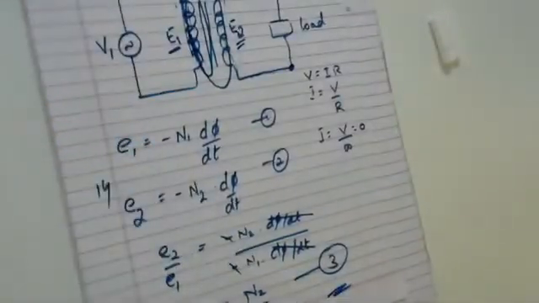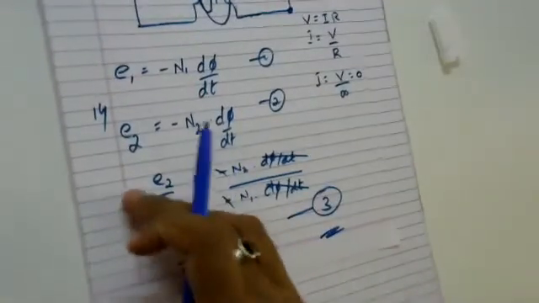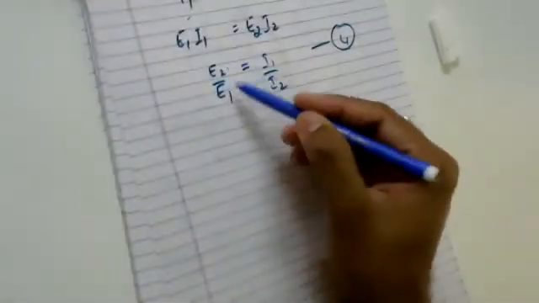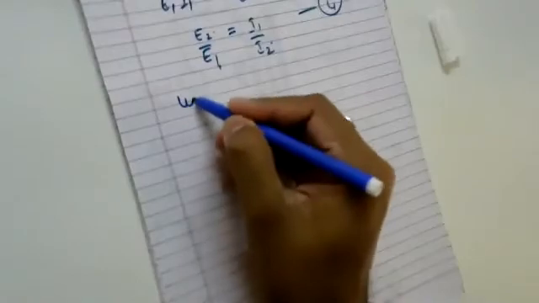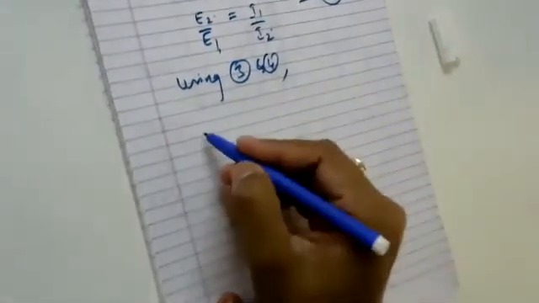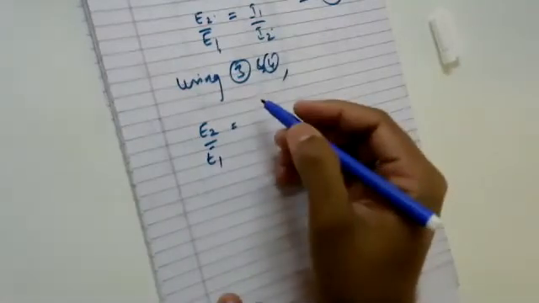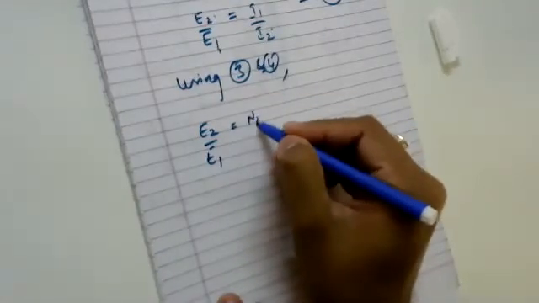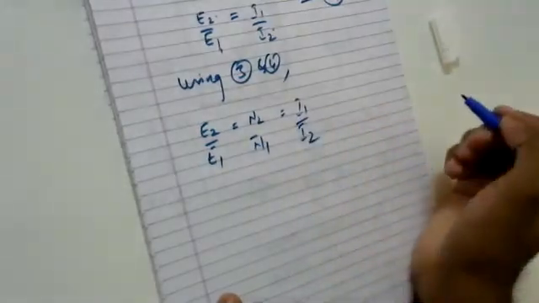Now using equation 3, which defines E2 by E1 equal to N2 by N1, and equation 4, E2 by E1 equal to I1 by I2, I can say that E2 by E1 is equal to N2 by N1 is equal to I1 by I2.